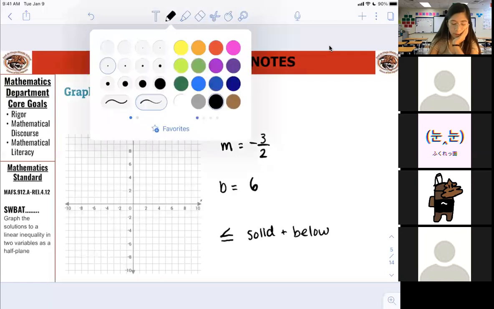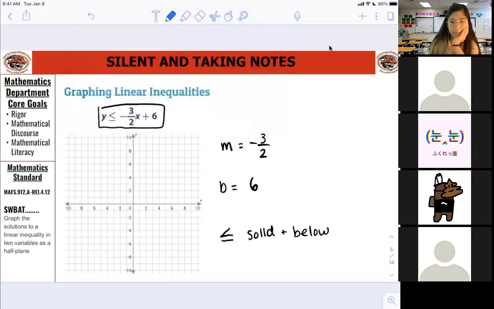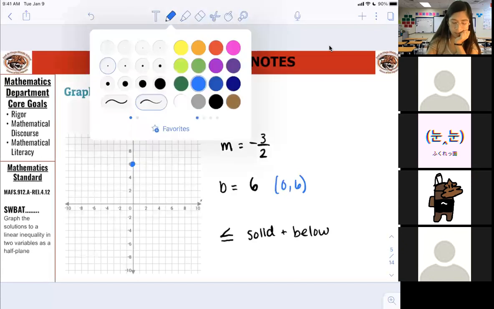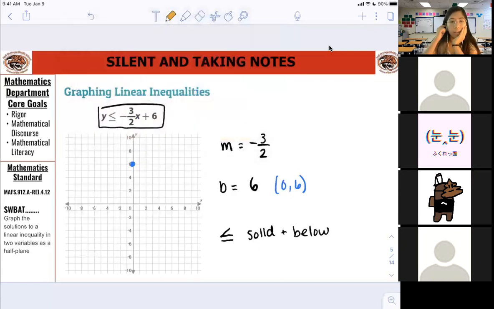So now I graph. Where do I begin? On the y-intercept. Y-intercept 0, 6. Right there. And then from there, where do I go? Down 3 and to the right 2. Awesome. Now remember, this fraction is a negative fraction. So the whole thing is negative.